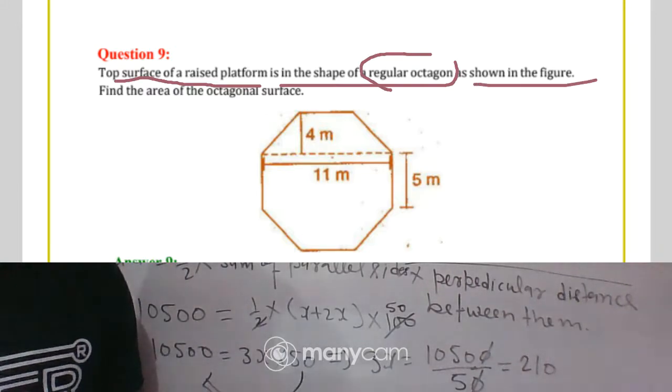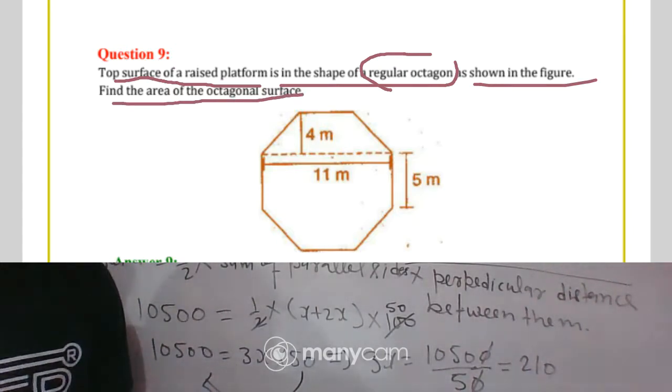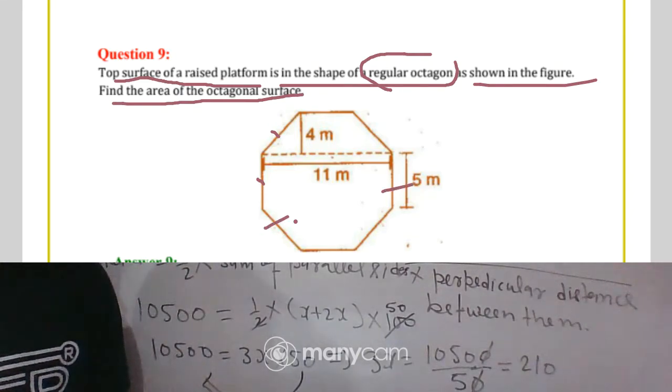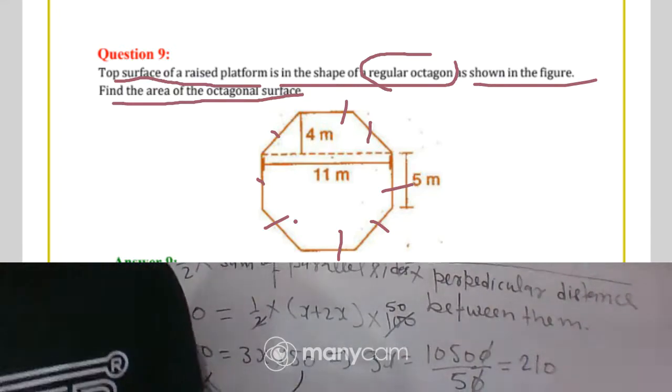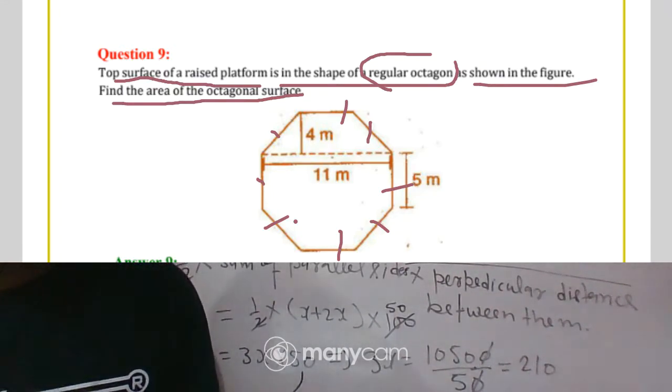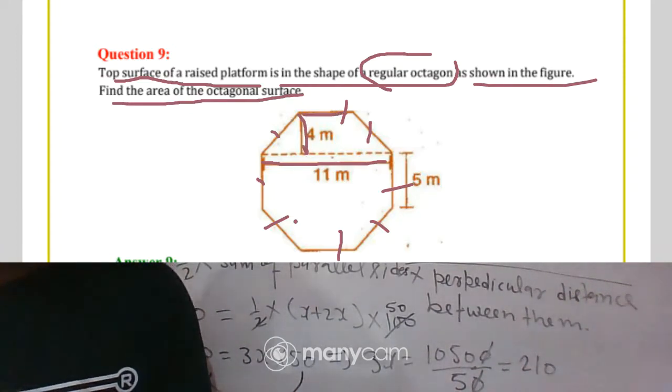Find the area of the octagonal surface in the figure. You can see this is the regular octagon surface. It means that all sides are equal. This side, this side, this side, this side, this side, and this side, all are equal. The distance between them is this 11 meter, this is 4 meter, and this is 5 meter, because all sides are equal.